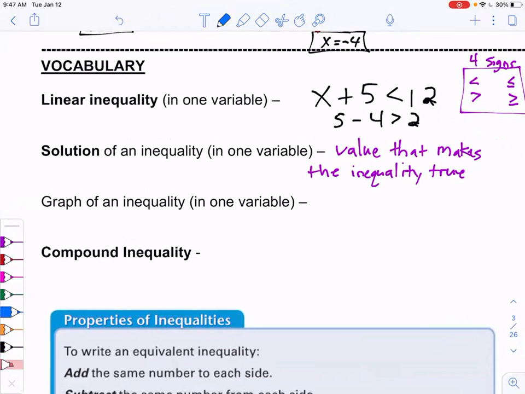So it says graph of an inequality. So if we're using a real number line, it's all the points that make that equation or inequality true. So it'd be all this.